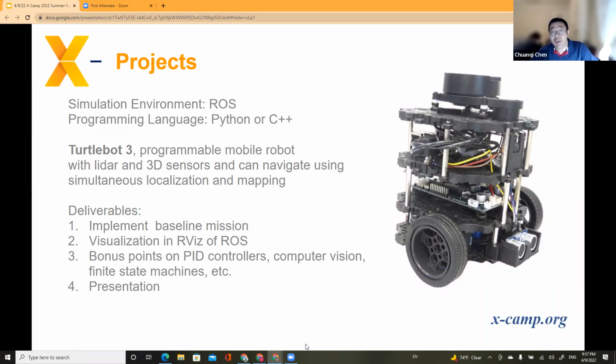Because at the end, in the project competition, if you know C++, you have an advantage, because C++ is faster than Python, right? And if we want to use a fancier PID controller, for example, we will help you design the PID controller. But if you want to spend less time, you only do the P controller, and you will not do as well as the people who do the PI and the D controller, right?